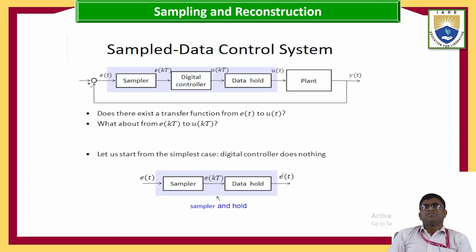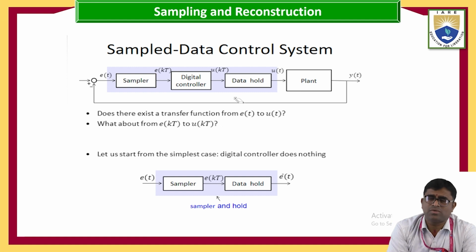Next, see this one. This is sampler, digital controller, data hold, plant, and unity feedback they have given. This is one of the basic concepts. Remember this: sampler, digital controller, data hold, plant.